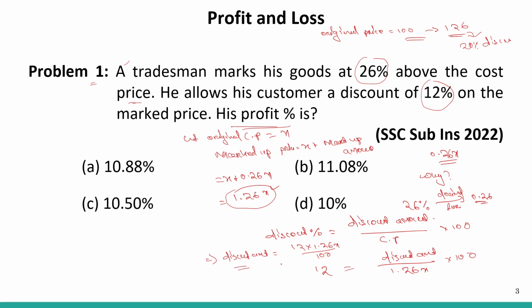This is the amount that will be discounted, so the discounted price will be 1.26x minus 12 into 1.26x divided by 100.